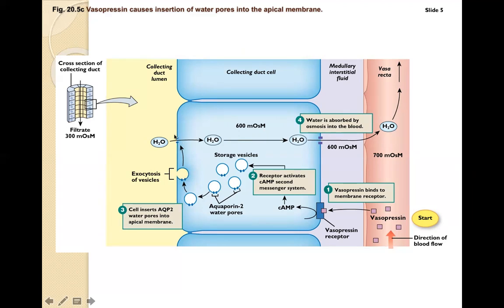So now there are these channel proteins that will allow water to leave the collecting duct. If those channels are stuck in the vesicles, there's no way that water can enter the cell and be reabsorbed. And so the more antidiuretic hormone you have, the more aquaporins are going to be introduced onto the apical surface of the collecting duct cell.